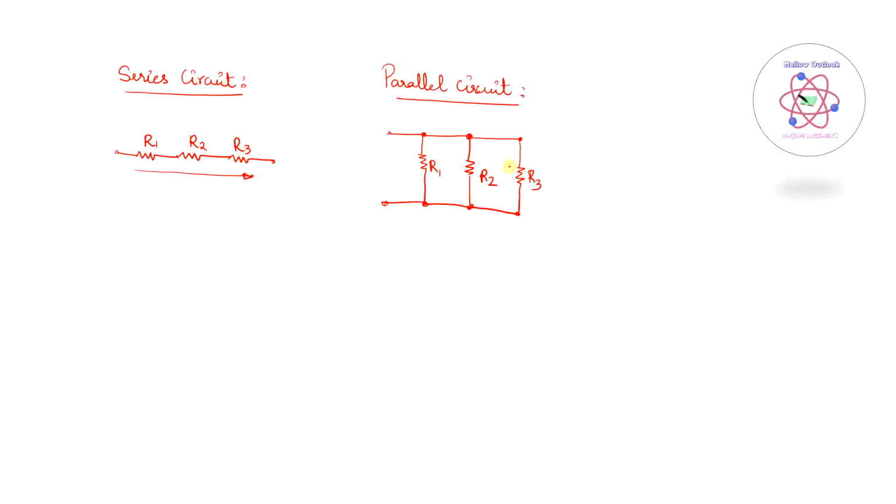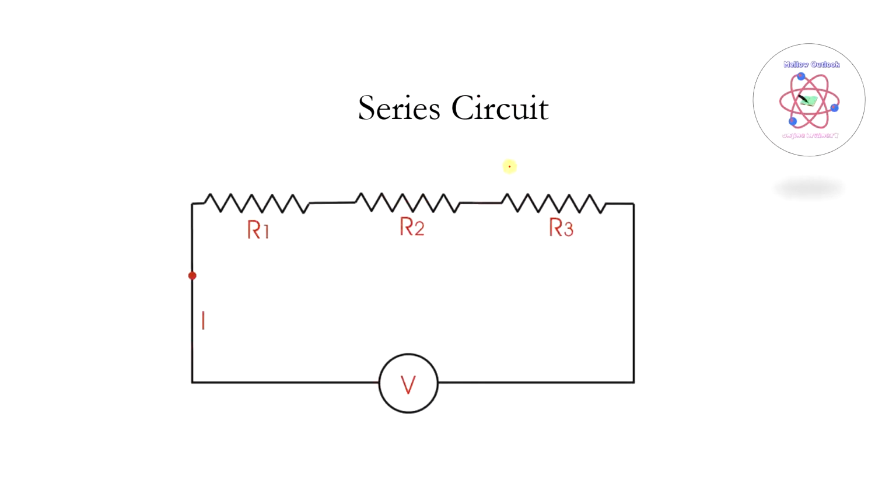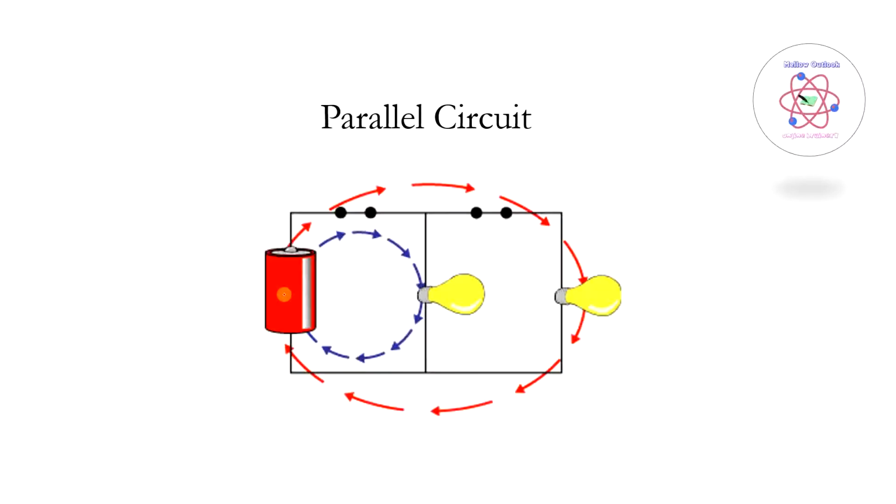So let me explain this with an animation. In this particular circuit, we have considered three resistors which are connected end to end, and you can see there is a single path for the flow of current. Whereas in the parallel circuit, we have connected this particular lamp with the common points, that is two common points.